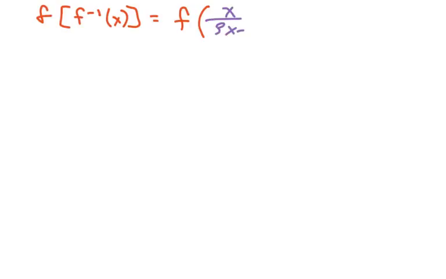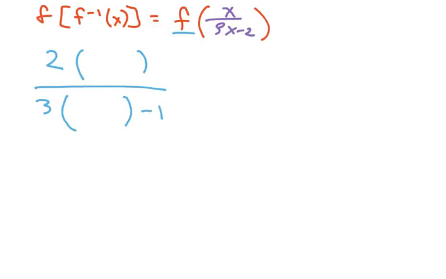Now we're going to verify, and so we have f composed with f inverse of x. So that's going to be f, and my inverse is x over 3x minus 2. So I write down my outer function, which is 2, and everywhere there's an x, put parentheses, and we're going to input our inverse, our inner function, x over 3x minus 2.